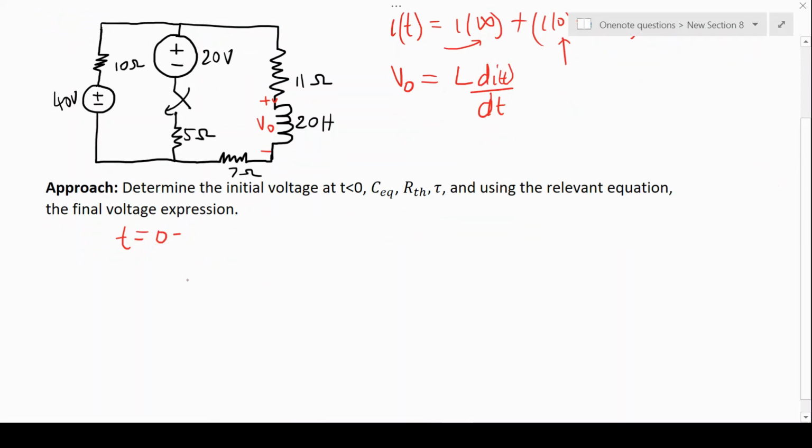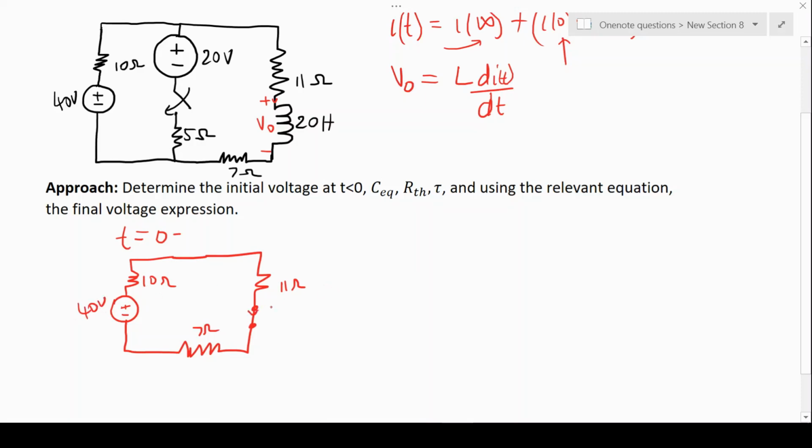Right, so at time t equals 0 negative, we know that we're going to have our 40 volt source, the 10 ohm resistor, the 11 ohm resistor, and the 7 ohm resistor. The inductor is replaced with a short circuit, and then you've got your 10 ohms and 40 volts.